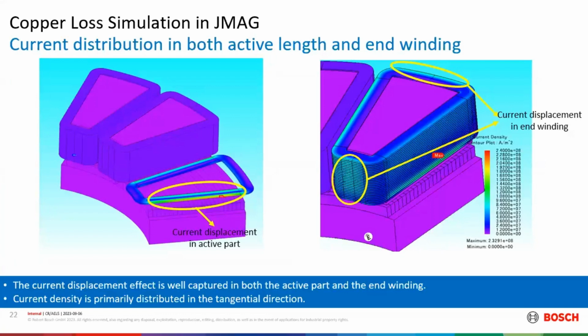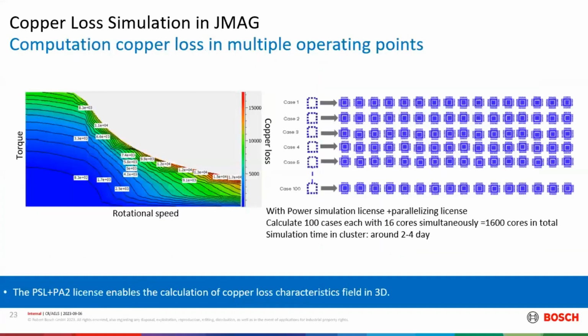And the current distributes mainly in the tangential direction for the active part. JMAG also provides the so-called power simulation license, which allows you to run 100 cases simultaneously, and combined with a special parallelization license, I have conducted the characteristic map with 140 operating points.